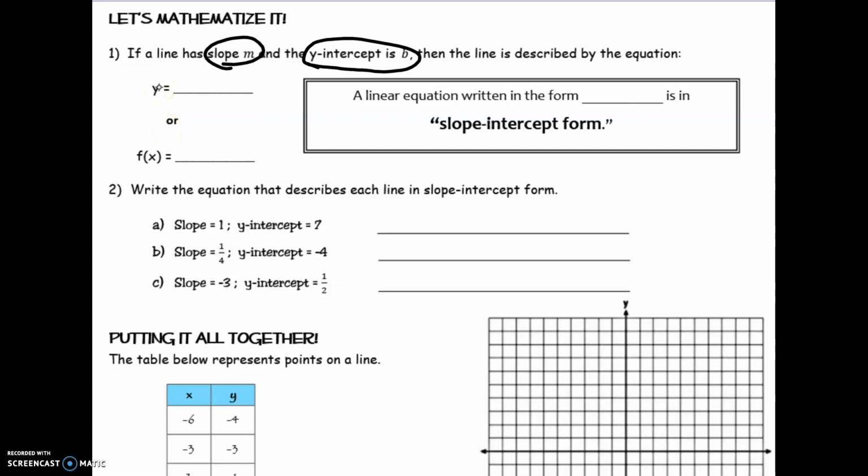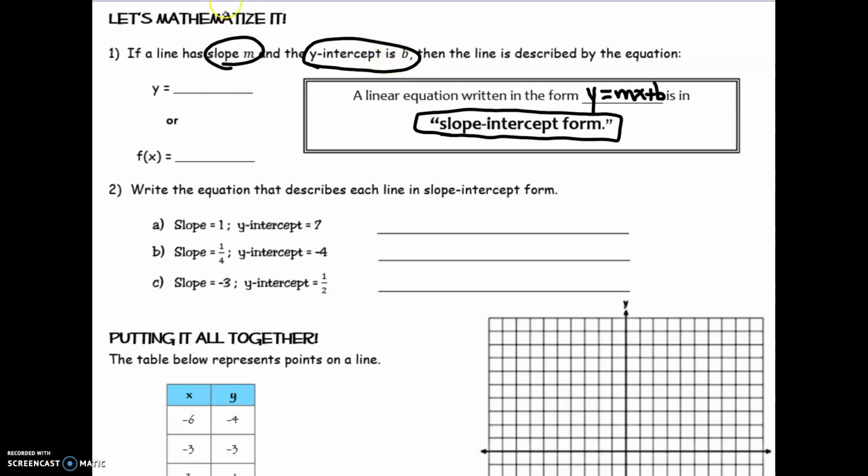So we're going to write this, which is called slope-intercept form. Slope-intercept form is when you write your equation as y equals mx plus b. Remember that the m is your slope and the b is your y-intercept.